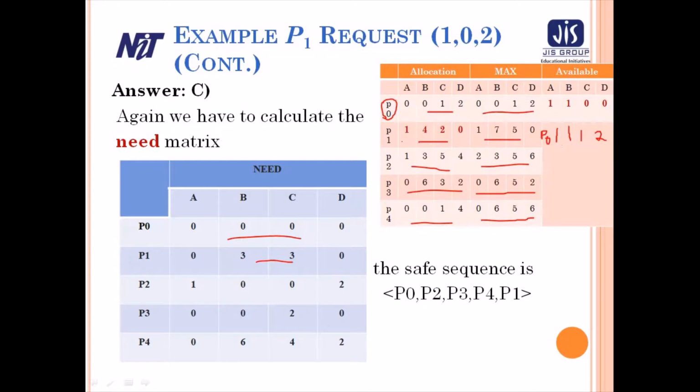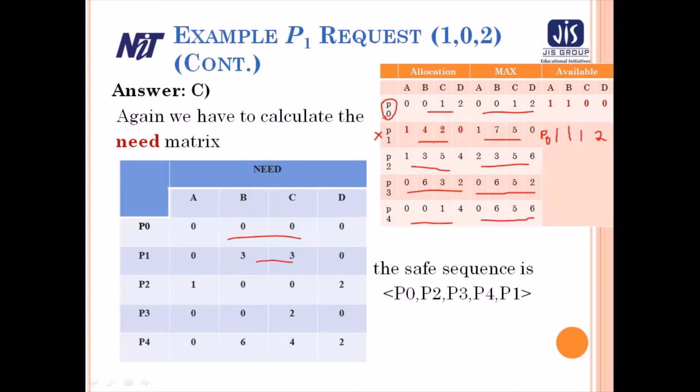Now we check if we can give these resources to P1. No, we can't, because even if we give these resources to P1, P1 would still be in a waiting state, because its need is not fulfilled yet. So giving to P1 is useless. Now we check for P2.